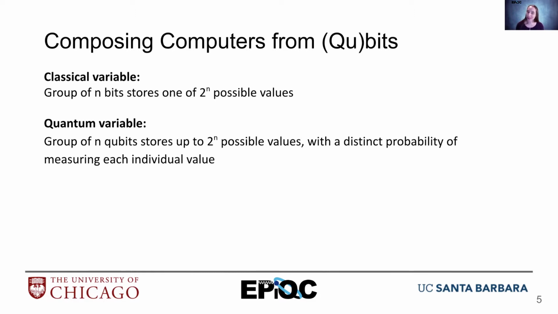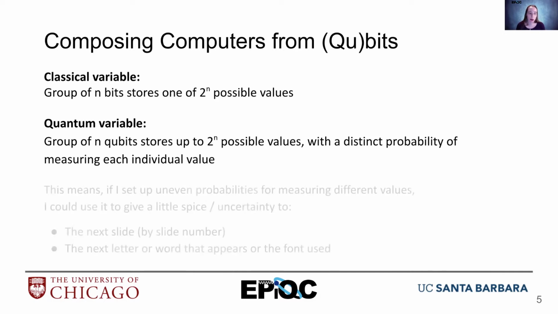But here's the kicker that we saw before with measurement and superposition: we can only measure one of those values. So what a quantum computer is doing is manipulating the probability of measuring each individual value. I could be storing the numbers 8, 12, and 24, and maybe I want a 50% probability of measuring the value 8, 25% probability of 12, and 25% probability of 24. That's what we're doing in quantum computing.